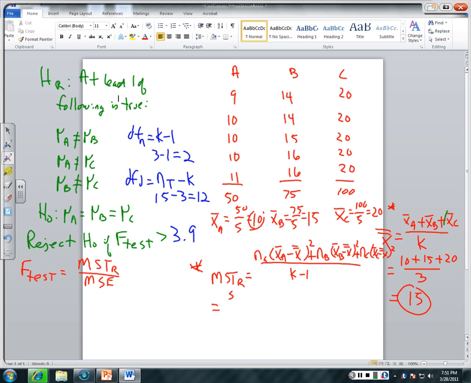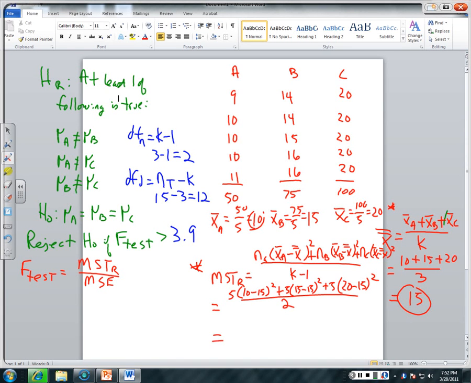There were 5 in Group A, and the mean of Group A was 10, minus 15 squared, plus 5 times (15 minus 15) squared, plus 5 times (20 minus 15) squared. And that's going to be over 2 for k minus 1.